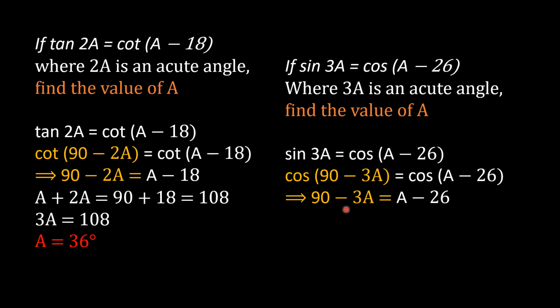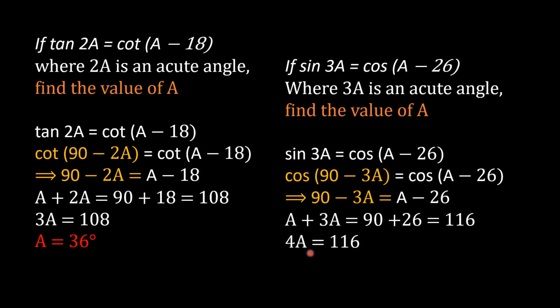We take minus 3a to the right hand side and minus 26 to the left hand side and write a plus 3a equals 90 plus 26, which will be 116. So we get 4a equals 116. So a will be 116 divided by 4, which will be 29. So a is 29 degrees.